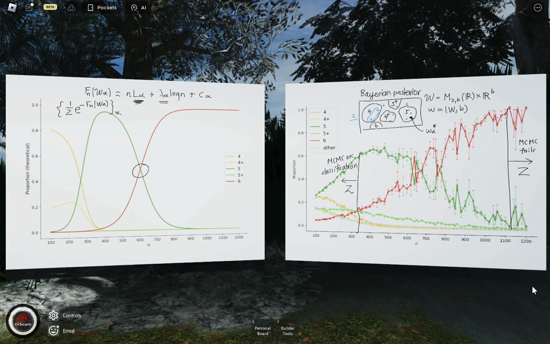So this is the part of the paper we're very happy with, I guess. One of the parts we're very happy with. So the upshot from that is that phase transitions in n happen. We knew that from the Green Book, for example, right?